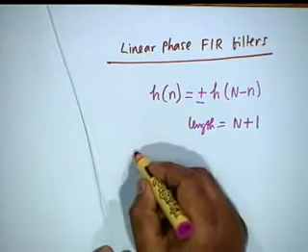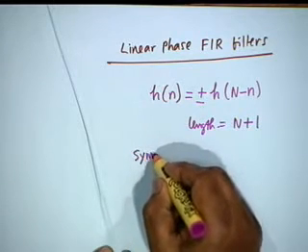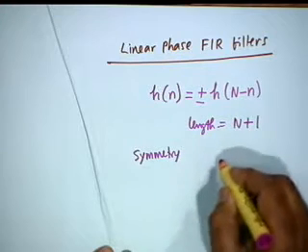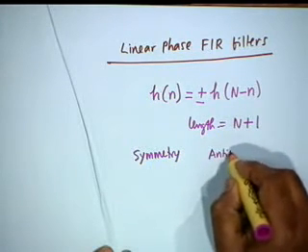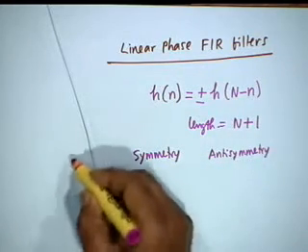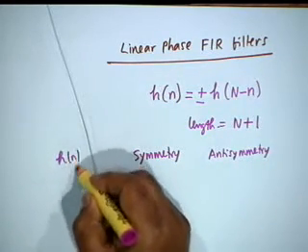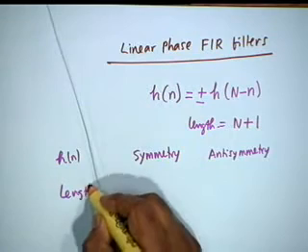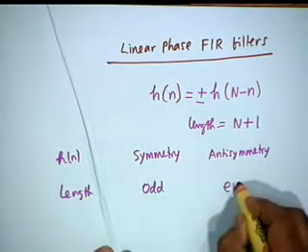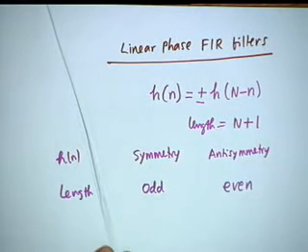Now, obviously the impulse response can have symmetry or anti-symmetry. And the length, capital N plus 1, can be either odd or even, and therefore 4 possible cases arise.